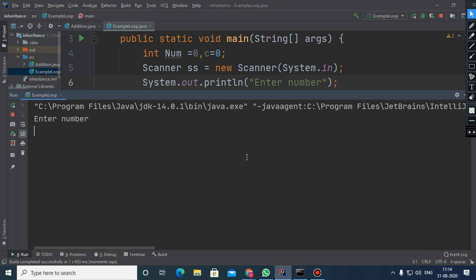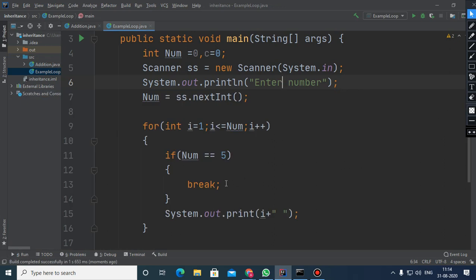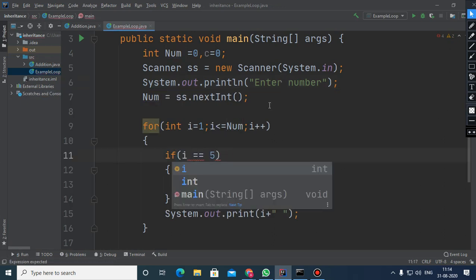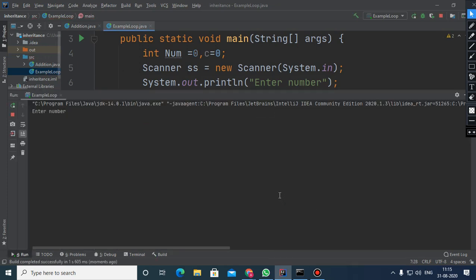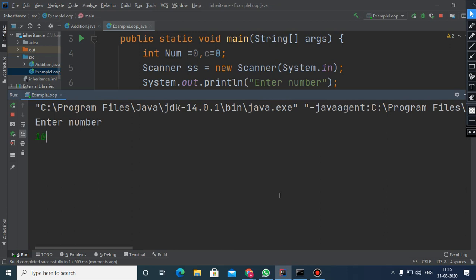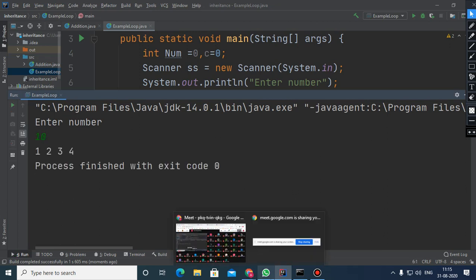Children, here you see that if I have entered 10, here it is I equals 5. So what will happen? It will immediately terminate. Suppose the value of num is 10, and whenever I reaches 5, break will happen.